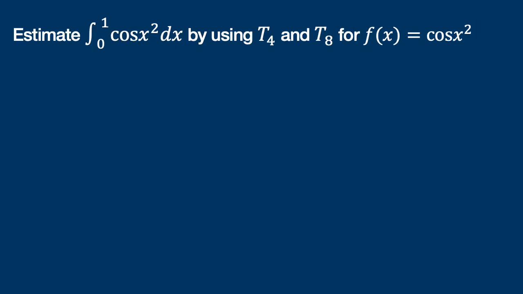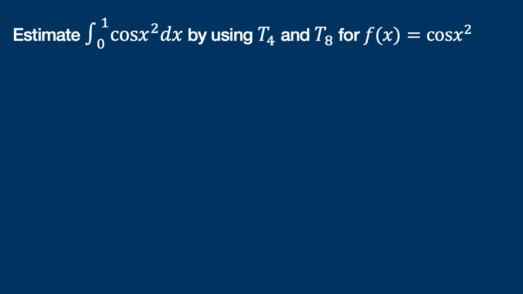Now, let's estimate the definite integral of cosine x squared from 0 to 1. We cannot find the antiderivative of cosine x squared, so we're going to use the Maclaurin polynomials T4 and T8 to approximate this definite integral.